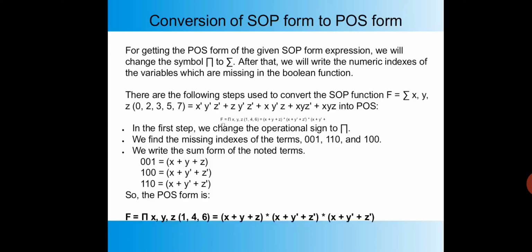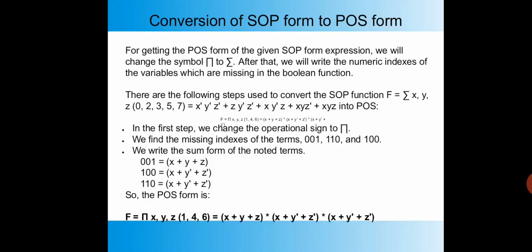So you have to find the 3 missing forms for the product of sum form. It is x'y'z' plus x'yz', plus x y'z, plus x y z', and so on, in POS.